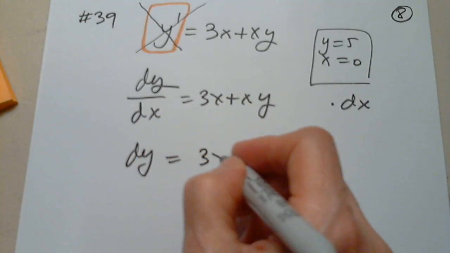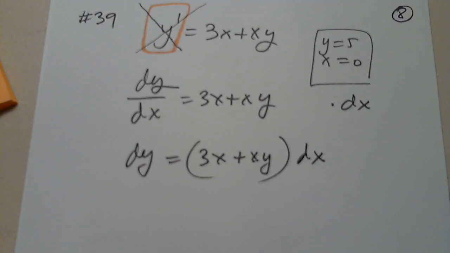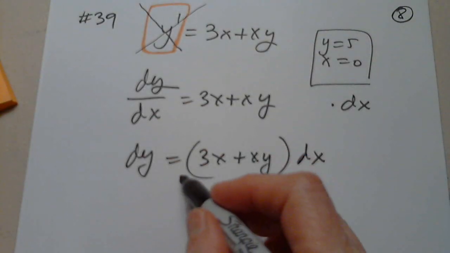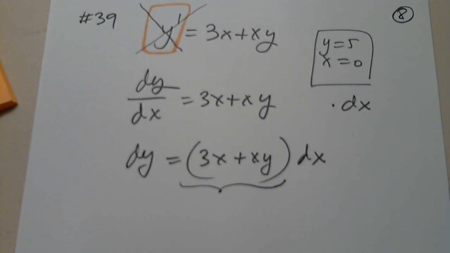So dy equals 3x plus xy times dx. Notice that there is a minor problem now. But if you look carefully, you will realize that these two have a common factor. What is the common factor of 3x and xy? x.